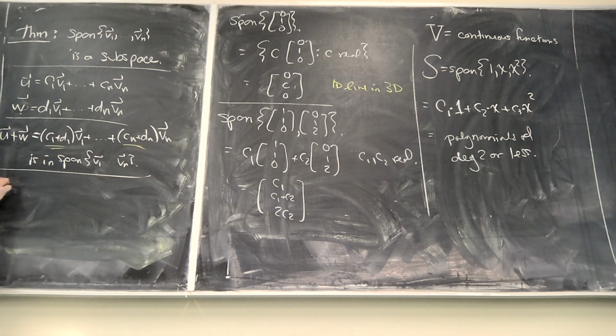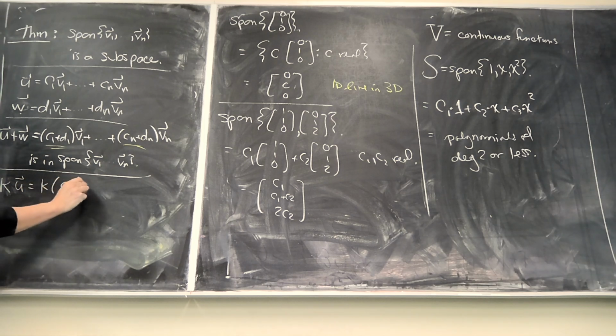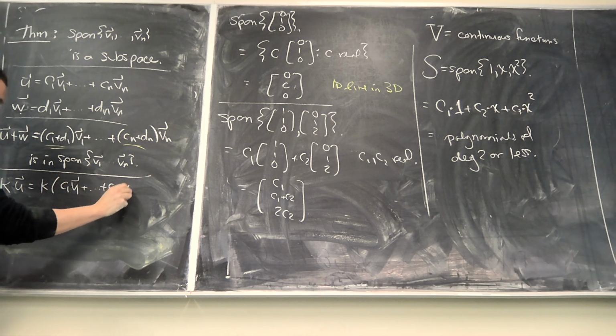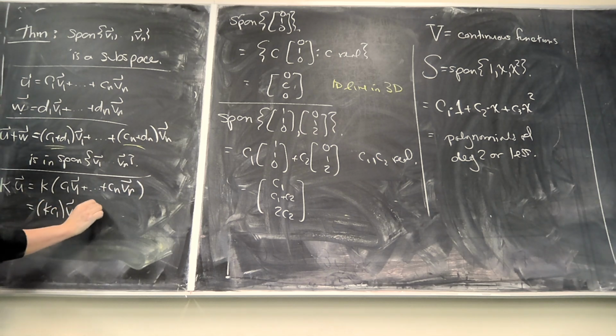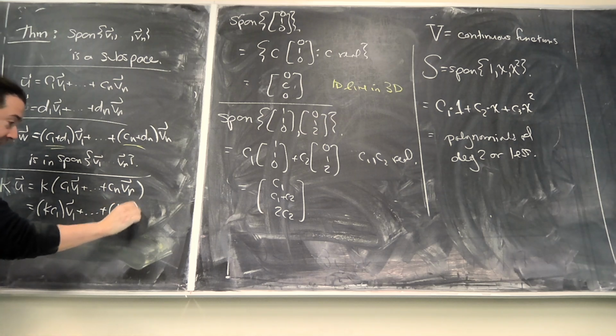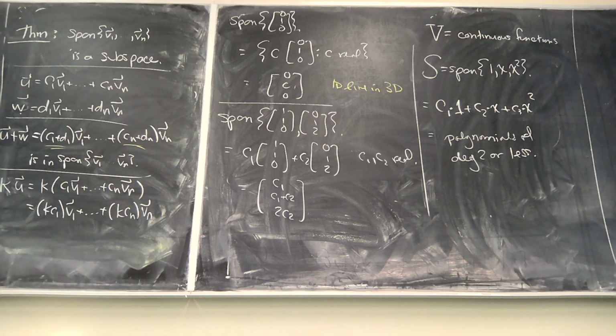If you took a scalar k and you multiplied it by u, you would have k times this linear combination of the v's, but then distributing gets you kc1v1, up to kcnvn. So if you take a scalar k and you multiply it by a linear combination of the v's, you get another linear combination of the v's.